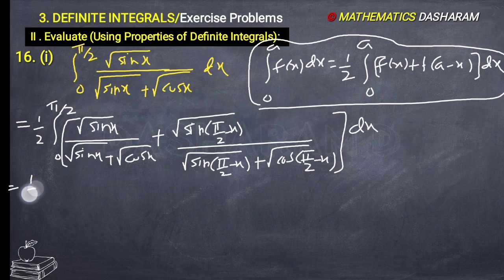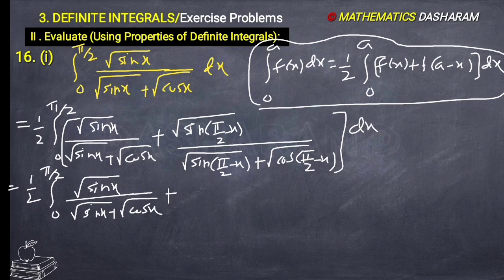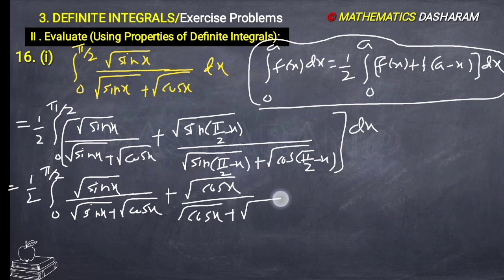It is equals to 1 by 2 integration 0 to pi by 2. Yes, sin pi by 2 minus x is cos x divided by under root cos x plus under root sin x, because cos pi by 2 minus x is sin x whole dx.